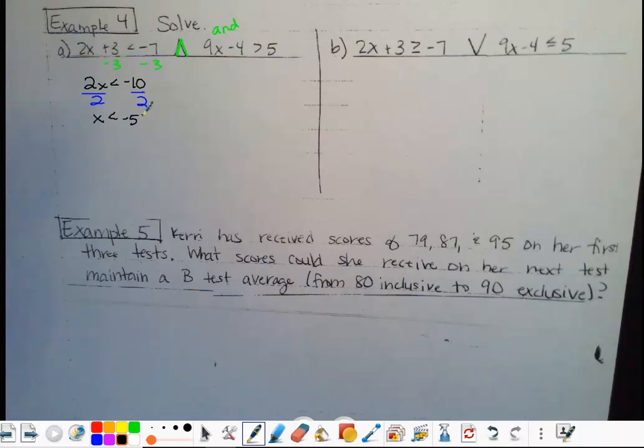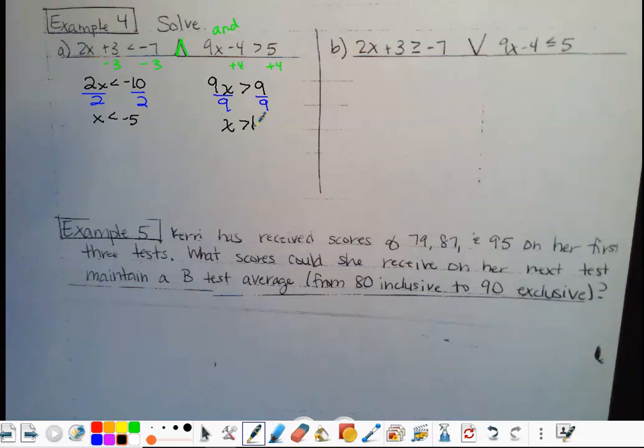On the other one, we will add 4 first, which is going to result in the inequality 9x is greater than 9. And then we'll divide by 9. And the result there is going to be x is greater than 1. Because we didn't divide by any negative numbers, so our signs didn't flip.